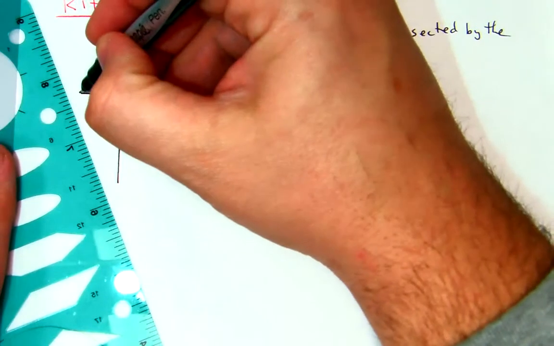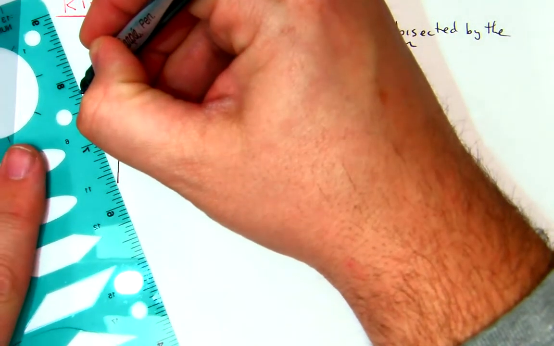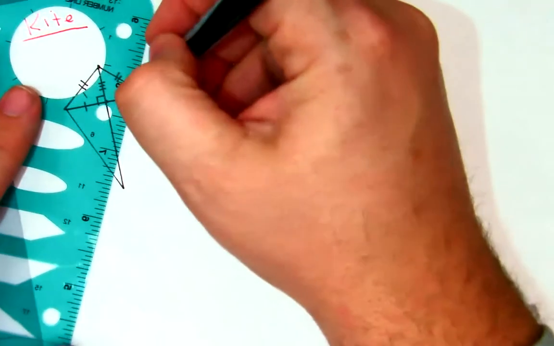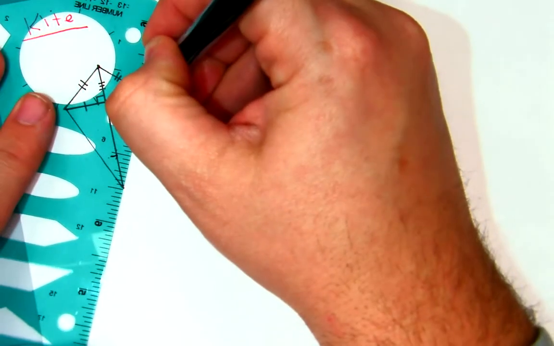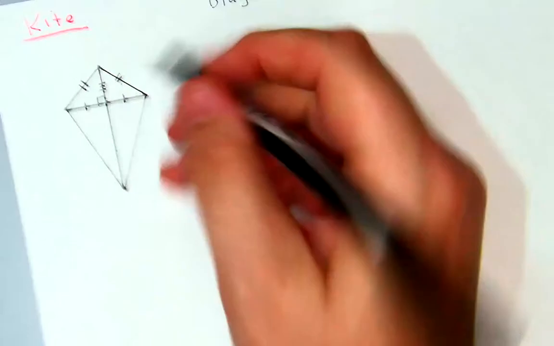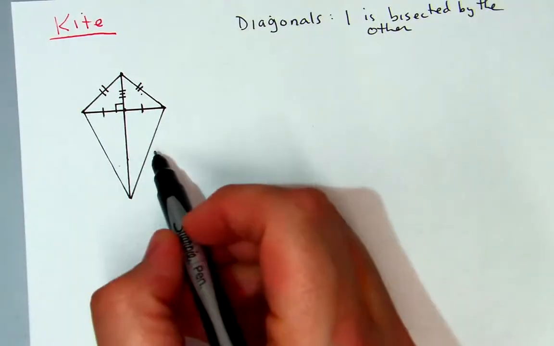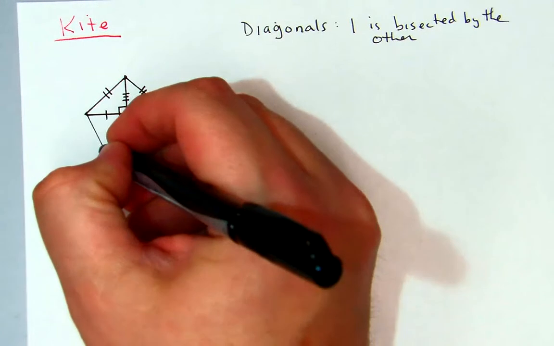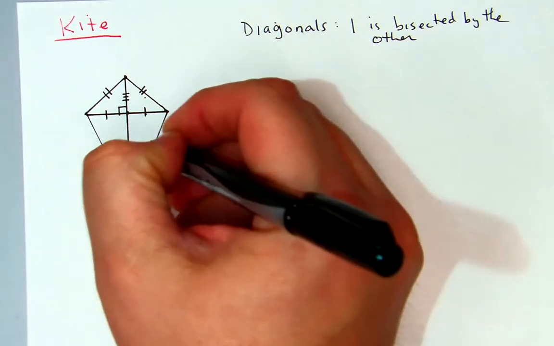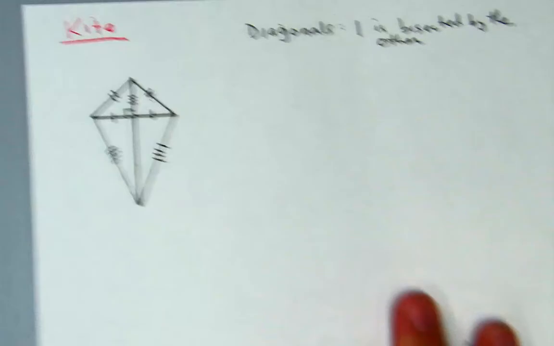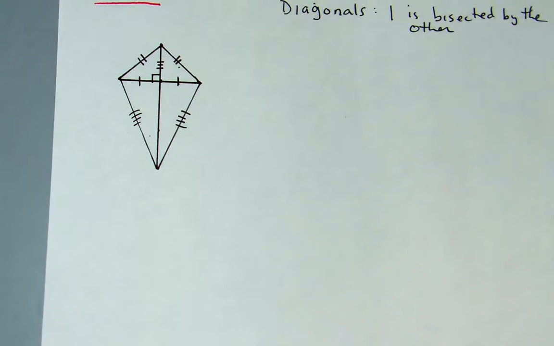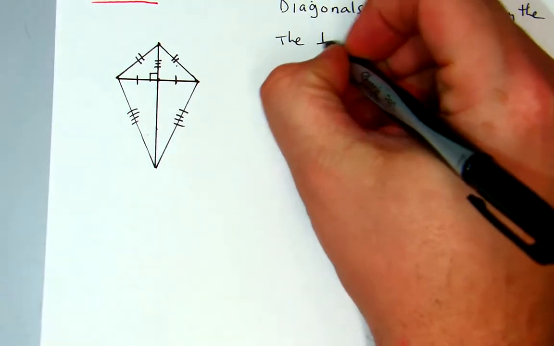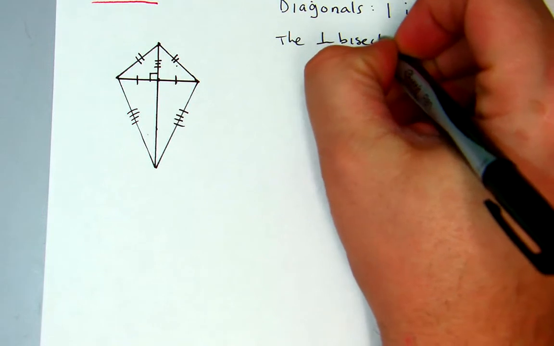To draw the rest of the kite, we'll draw these two segments. Now, what do I know about these two segments down here? They're congruent, so I'm going to put 4 here: 1, 2, 3, 4. And it all comes down to the perpendicular bisector theorem.